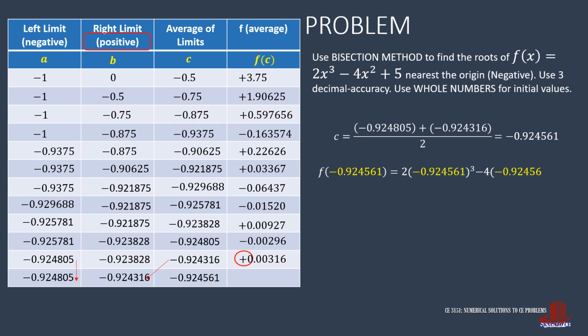Then plug this average in the function, which becomes 2 times negative 0.924561 cubed minus 4 times the square of negative 0.924561 plus 5, where f of c becomes 0.00010. This finally provides 3 decimal zeros, as required by the problem. So we can then say that the root of the function is negative 0.924561.